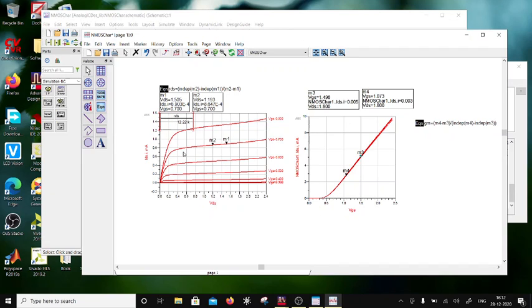So I can just copy this and put it here and call this GM. So the GM of the device is 5.27 milliamperes per volt.